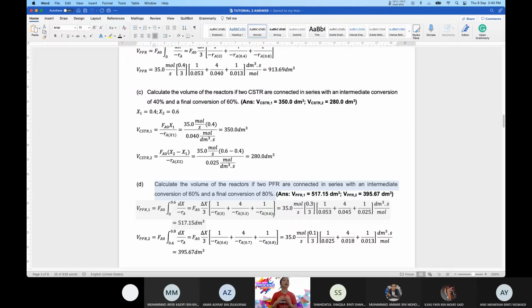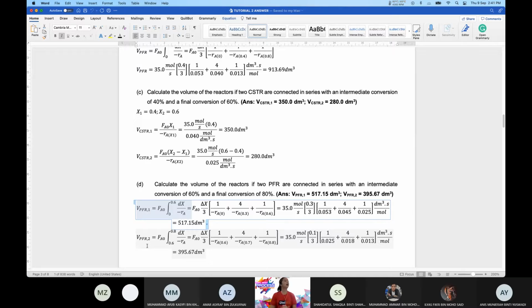Okay, so how do we solve PFR reactors? Okay, so hopefully you still remember, volume PFR ni pun separate. Kamu kena kira reaktor pertama, kamu kena kira reaktor kedua. Okay, so volume of the first PFR equals to, kita still follow the design equation first. So equals to FA0 integrating pengamiran from 0 to 0.6 sebab reaktor pertama hanya convert daripada 0 kepada 0.6 dx per minus RA.